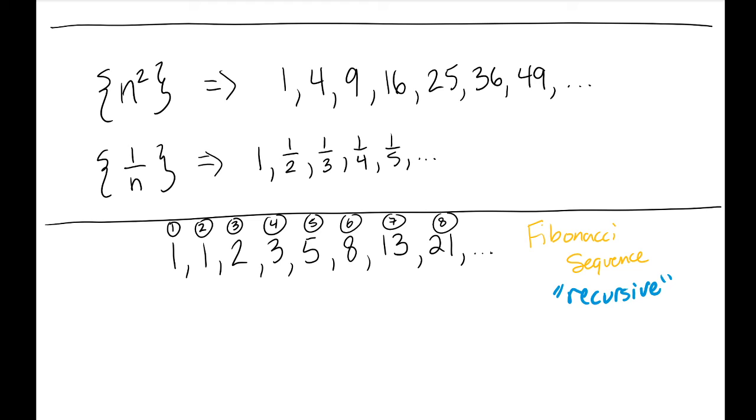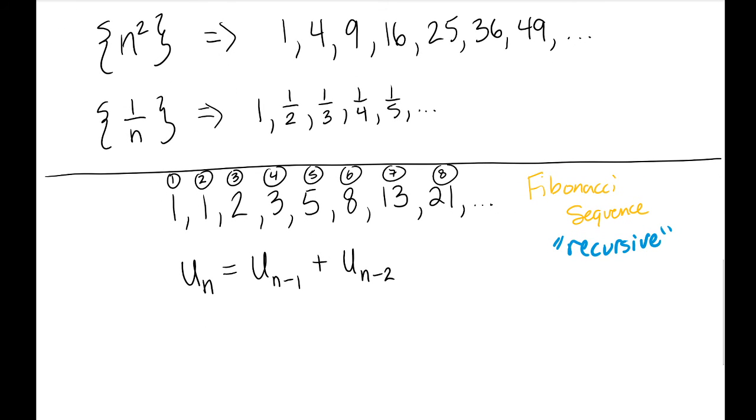So I could define a term in the Fibonacci sequence by saying that any new term is going to be the sum of the term that came immediately before it. So the nth term would have to take the n minus 1th term, that's the one immediately before it, and the one that is 2 before it, so n minus 2. So I can write it out this way, and this gives me a recursive definition. It says I need to know the previous 2 terms in order to get the next one.